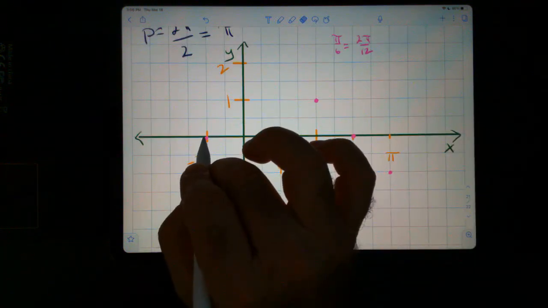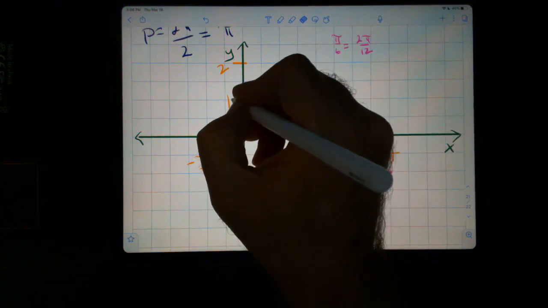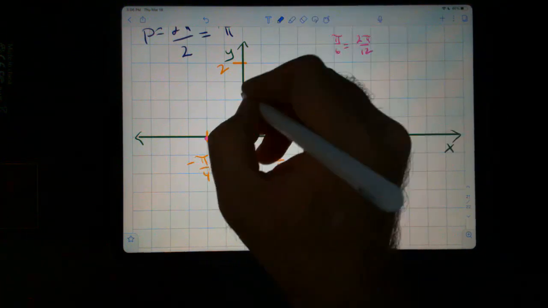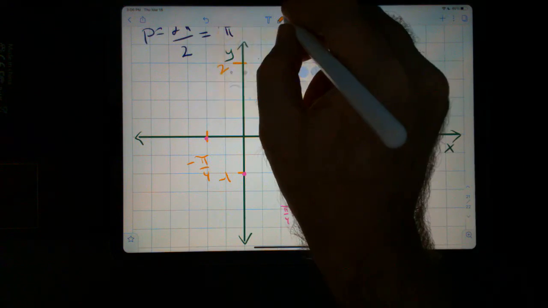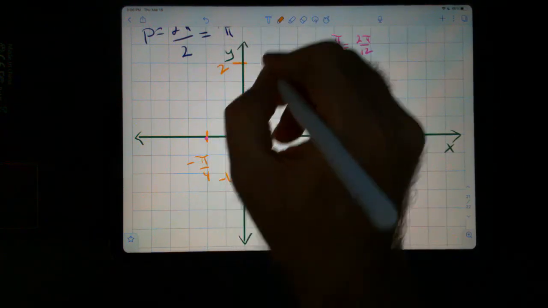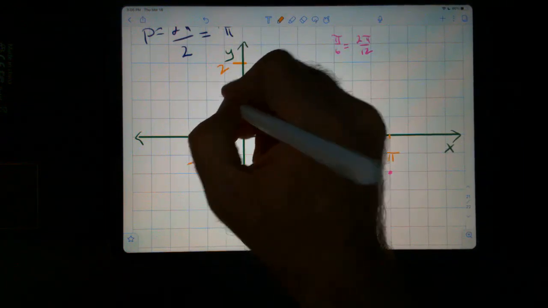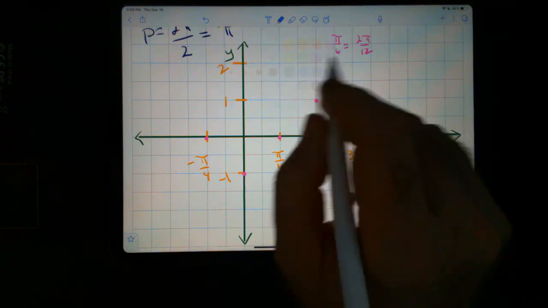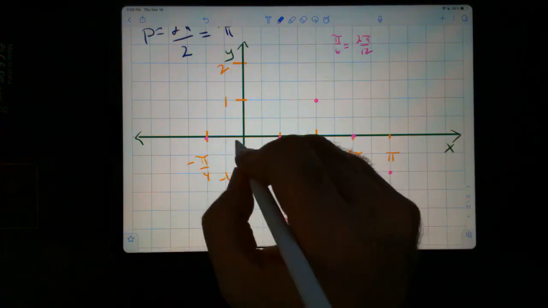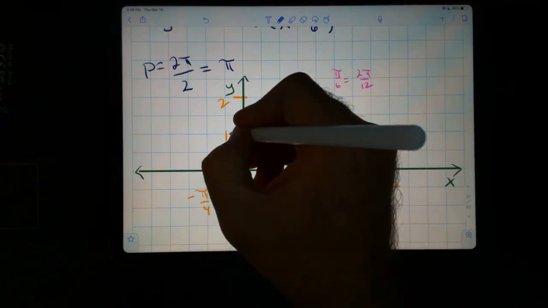And so this point will be, we need pi over 6 over and 1 unit up.